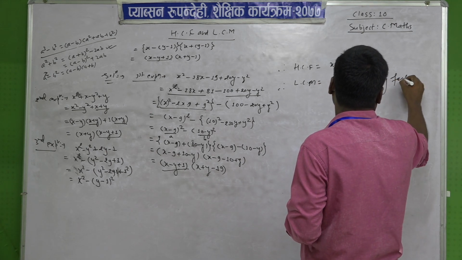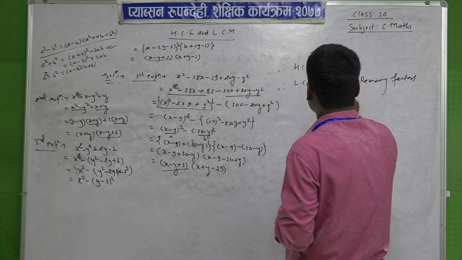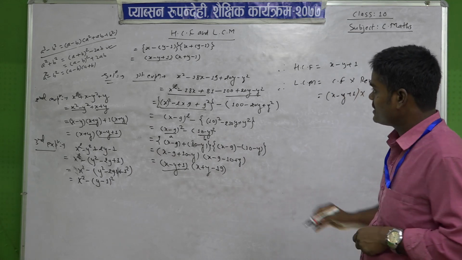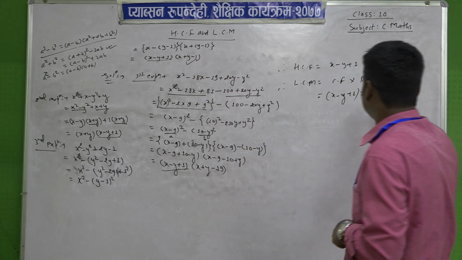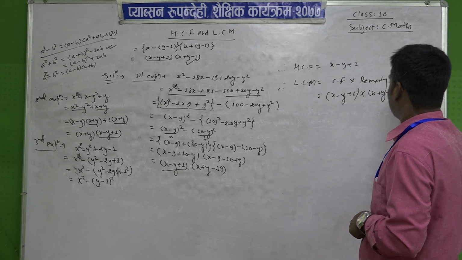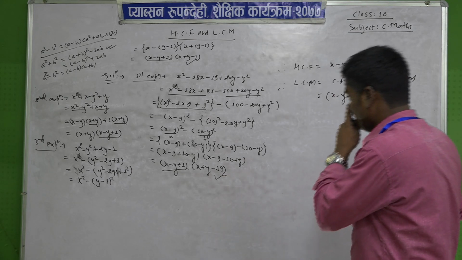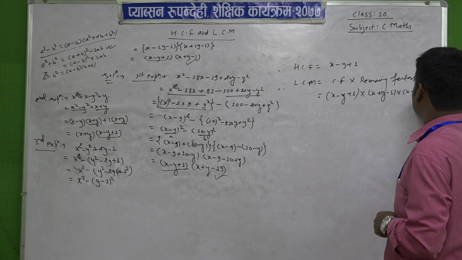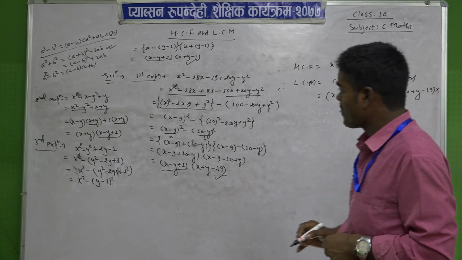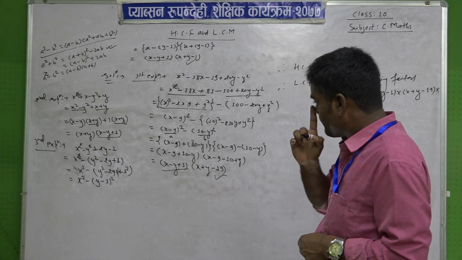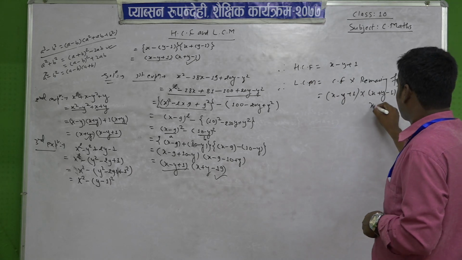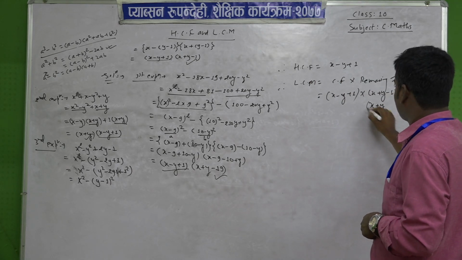So the common factor x minus y plus 1 into the remaining ones: x plus y minus 1, and then x plus y minus 19, and then x plus y.